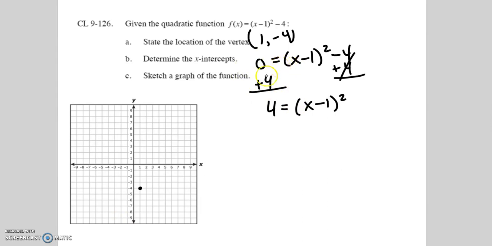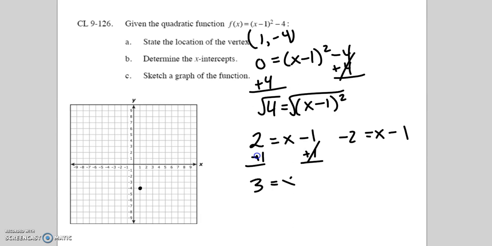All right, I end up with 4 equals x minus 1 squared. So I know that the square root of 4 must be equal to x minus 1. So there's a +2. So x minus 1 has to equal +2, but it can also equal -2 because -2 times -2 is also 4.